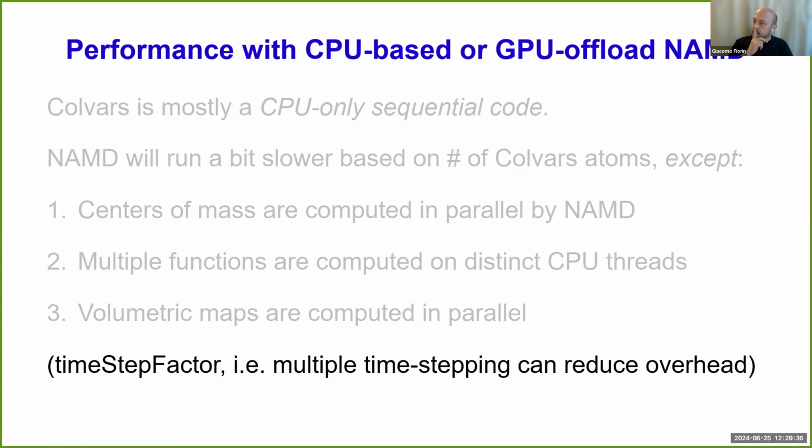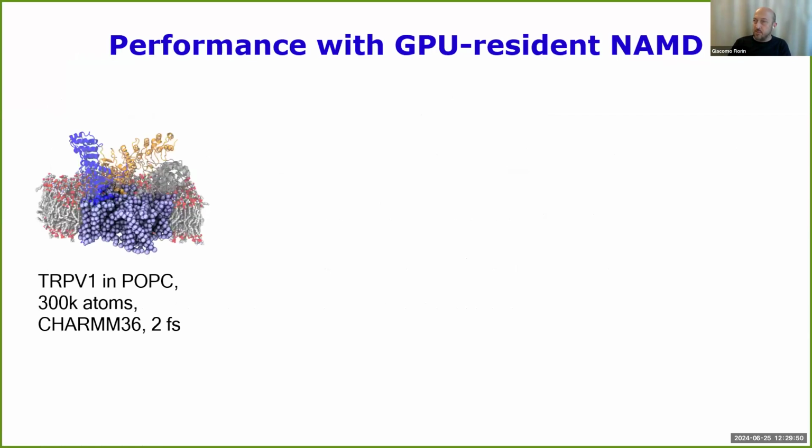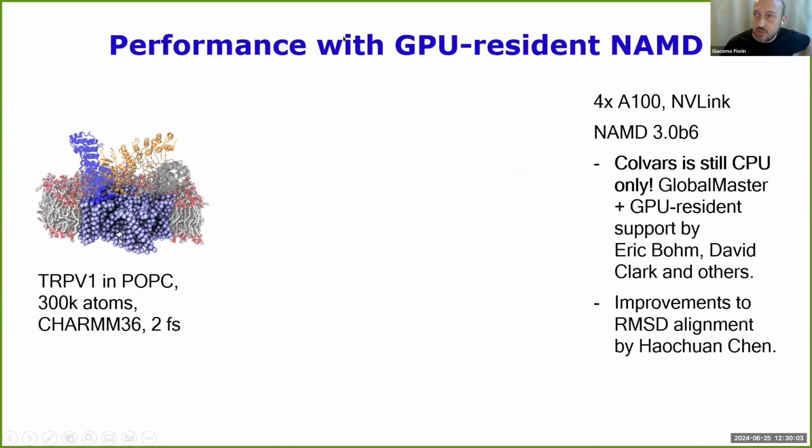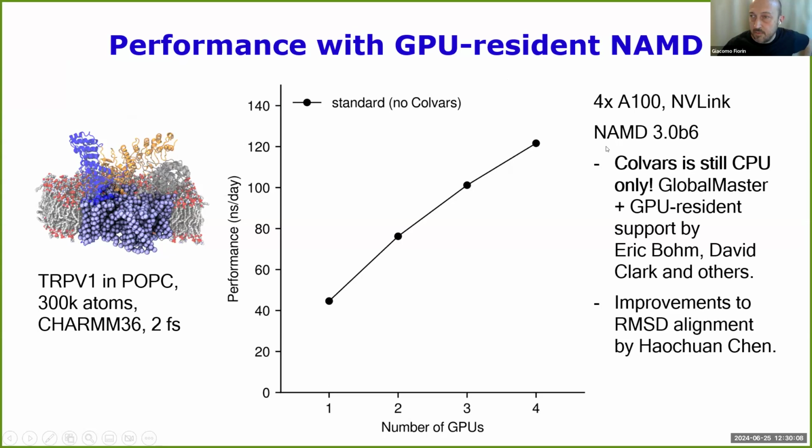And Jerome already mentioned the time step factor, this multiple time stepping scheme that you can use to compute variables only every few steps. How does that work with GPU resident NAMD, which is something that you're using at length in this workshop? Again, I'm going briefly, only showing the data on a benchmark for one membrane protein simulation using multiple GPUs, and this is done for standard NAMD.